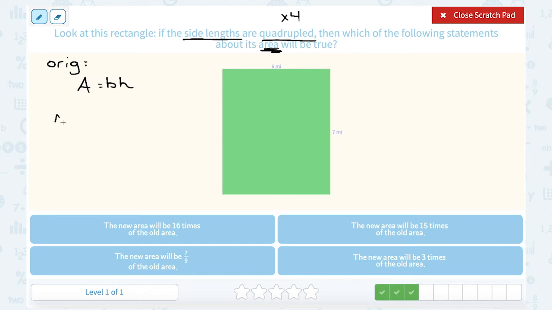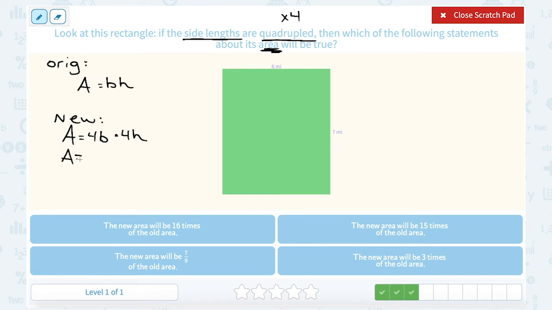So if I take them and I multiply them by 4, well, my new base is going to be 4 times whatever the original one was, right? 4 times b, or you could also say like 4 times 6 here if we were using the numbers. And my new height, quadrupled, means it's going to be 4 times whatever the height was. You could also say 4 times 7 if you were using the numbers. And then see what happens.